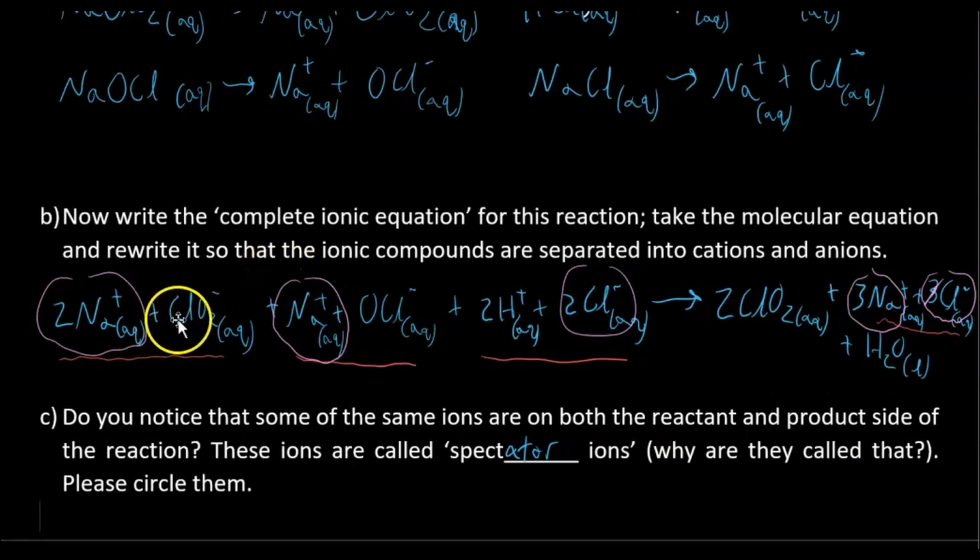So this sodium chlorite doesn't exist as sodium chlorite when it's dissolved in water. It exists as sodium ion and the chlorite anion. So this shows the species that are actually present in the solution as they are.